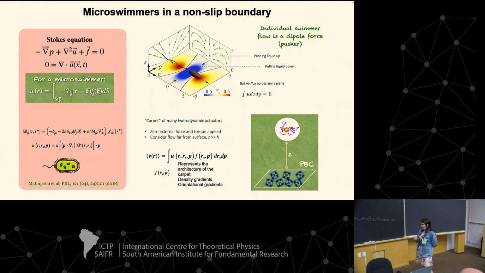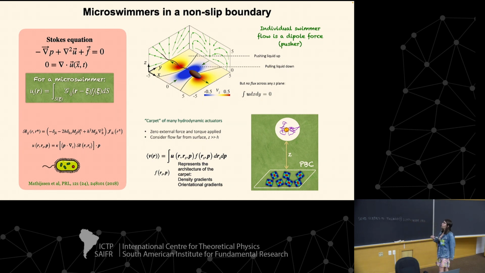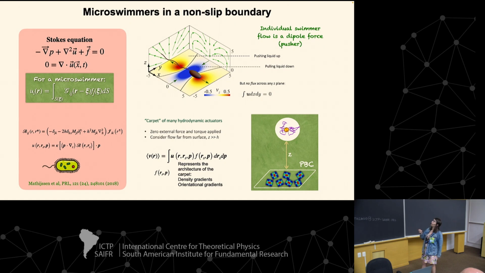So first thing, we now consider our flat surface as a non-slip boundary, okay? Now our microswimmers are moving in 2D above a non-slip boundary. In order to find the flow field for the bacteria, we have to solve the Stokes equations with the proper boundary conditions, and then we can measure, for instance, the average flow field of the collection of microswimmers at different heights from the active carpet.